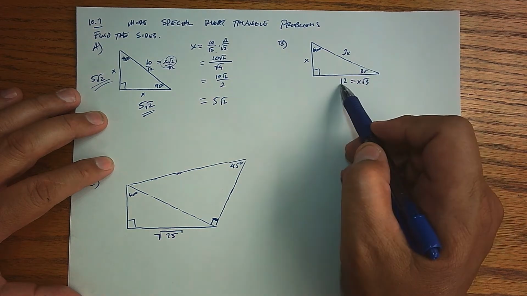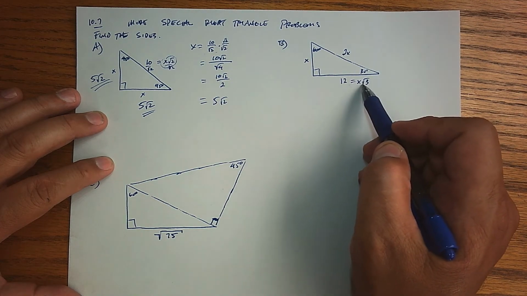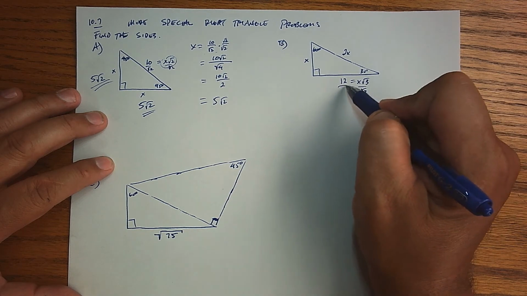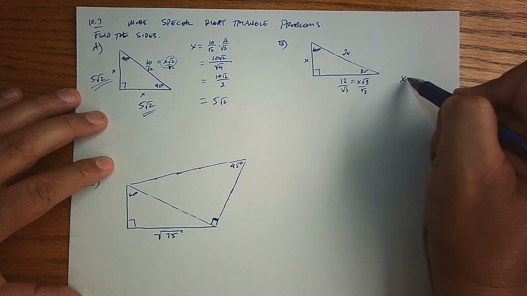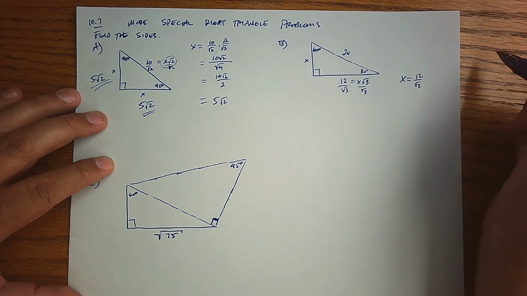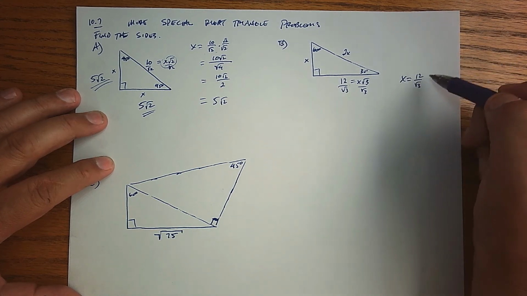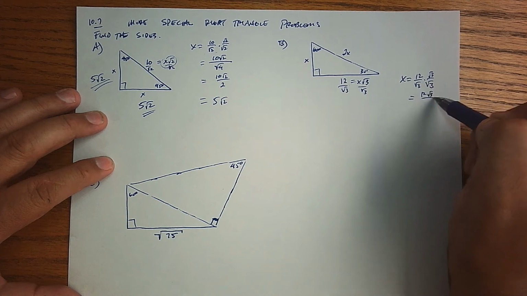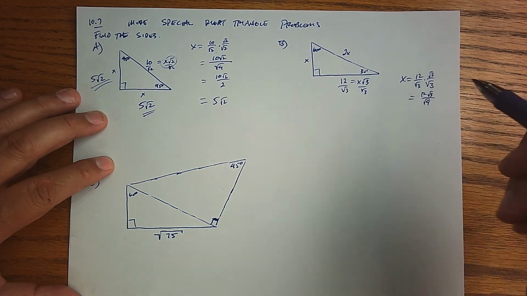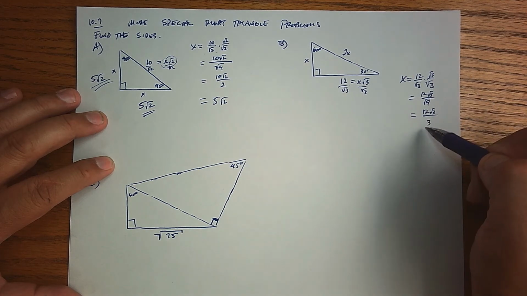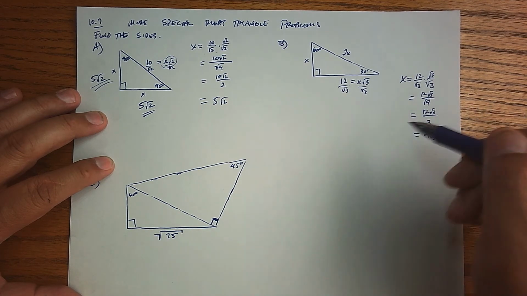So since this side is equal to 12, that means that 12 must equal x square roots of 3. So if I divide both sides by the square root of 3, we get an x value of 12 over the square root of 3. But again, we don't like radicals in the denominator, so I'll rationalize it and get 12 square roots of 3 all over the square root of 9, which is 12 square roots of 3 all over 3, which is 4 square roots of 3.